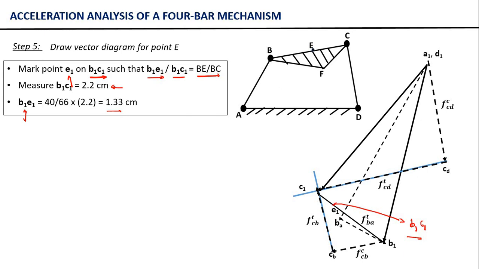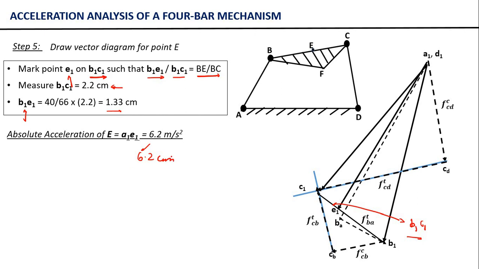Once you have marked this point E1, to calculate the acceleration of the intermediate point E, you simply join A1E1 and measure this length. This is going to give you 6.2 centimeter, and again you convert it to a proper scale. So the absolute acceleration of E, equal to length A1E1, is 6.2 meter per second square.